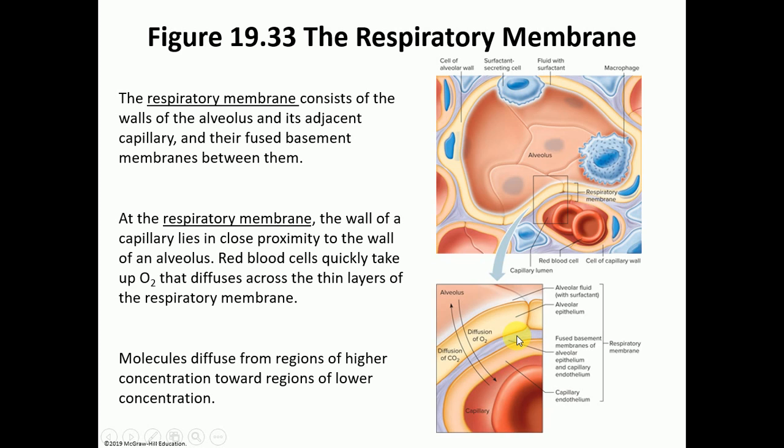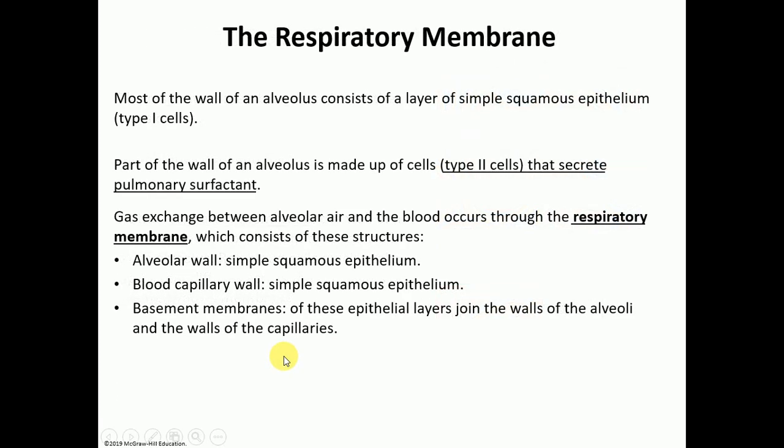And then there is the interstitial tissue in between, and then the simple squamous epithelium of the capillary and its basement membrane. Okay, so the respiratory membrane is made out of all of these different layers.